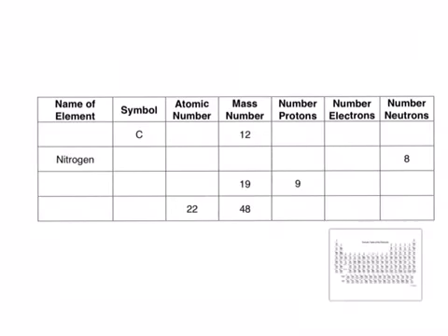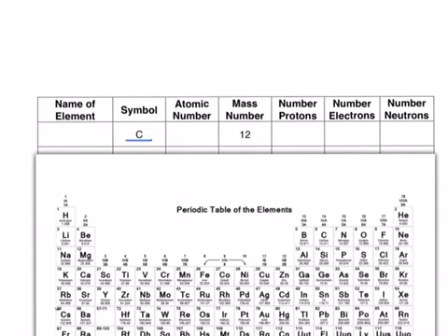So in the first one, we have to find some clue that tells us which atom we're talking about, and in this case, that would be the atomic symbol, which is C. So if we look at our periodic table and find carbon, which is right here, the number up in the left-hand corner is always the atomic number, and the atomic number is equal to the number of protons.